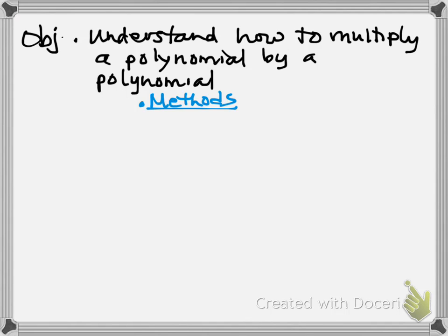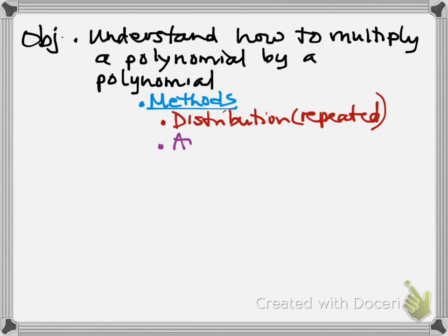We'll call one of them, let's see, what do I want to call? Distribution. And I'm going to put in parentheses repeated. Okay, that would be one strategy we're going to work on. The next strategy that we'll work on is called the area model.